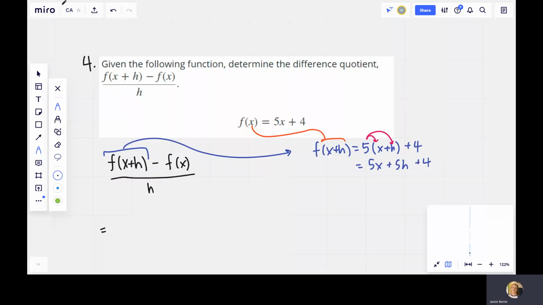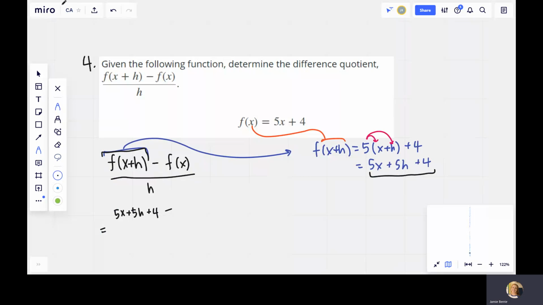All right, so that f of x plus h, that whole thing, we've just found that it is equal to 5x plus 5h plus 4. So this whole piece right here gets replaced with 5x plus 5h plus 4. All right, then we have a minus f of x.